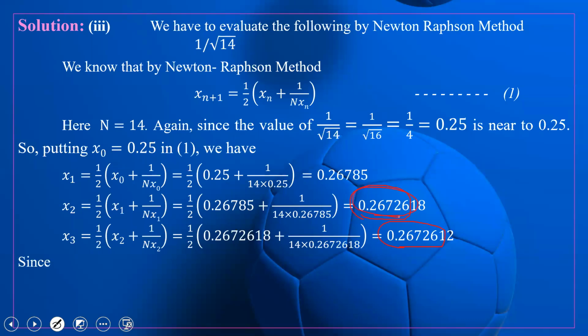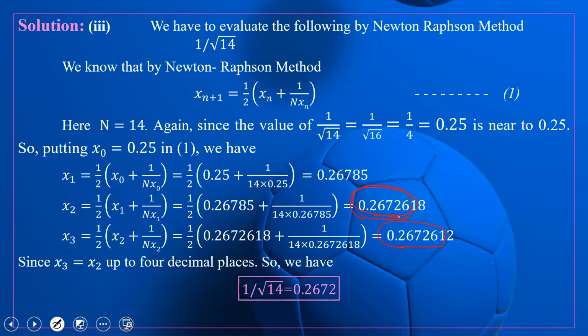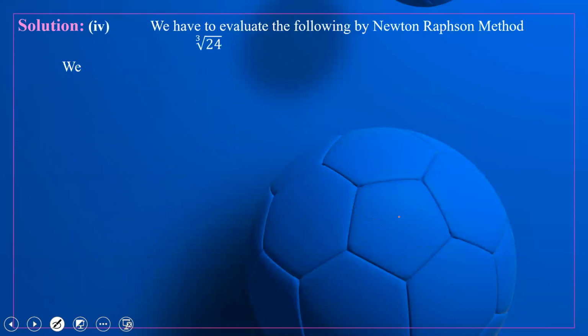Clearly, since x3 is equal to x2 up to 4 decimal places, we have 1 upon root 14 equal to 0.2672.